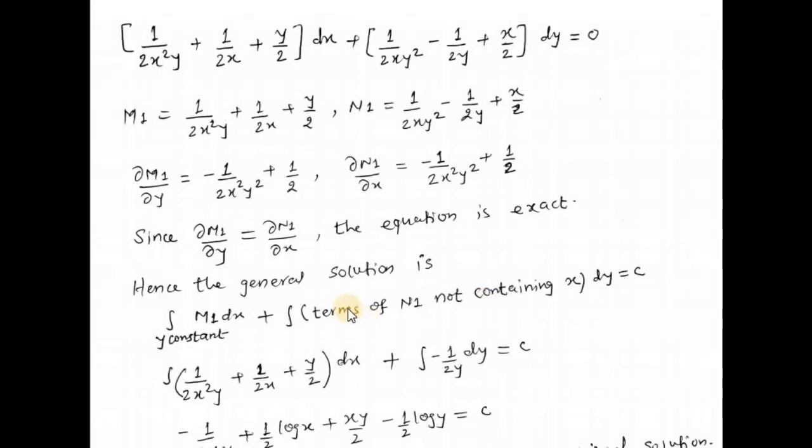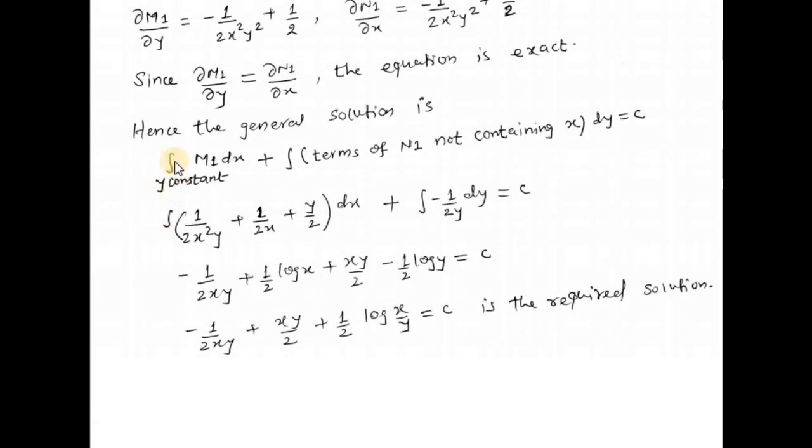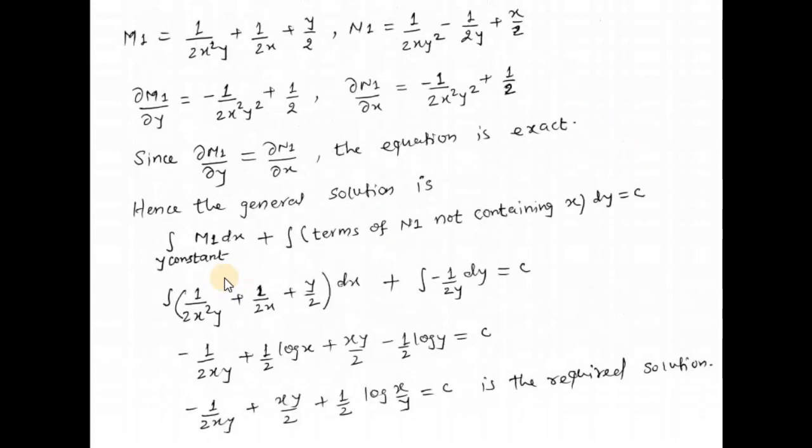Hence the general solution is given by integration of M1 dx, where y is a constant, plus integration of terms of N1 not containing x dy is equal to c. So it will be integration of (1 divided by 2x²y plus 1 divided by 2x plus y divided by 2) dx plus terms of N1 not containing x.